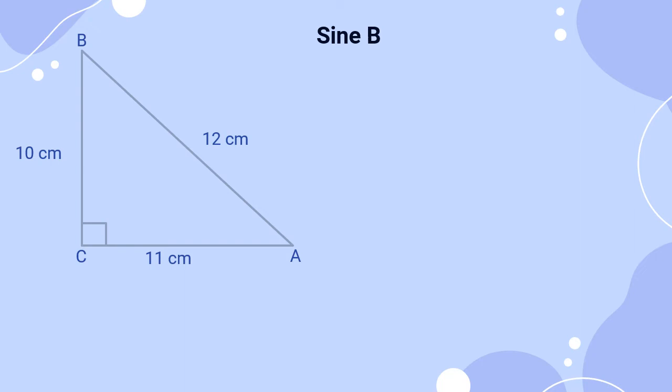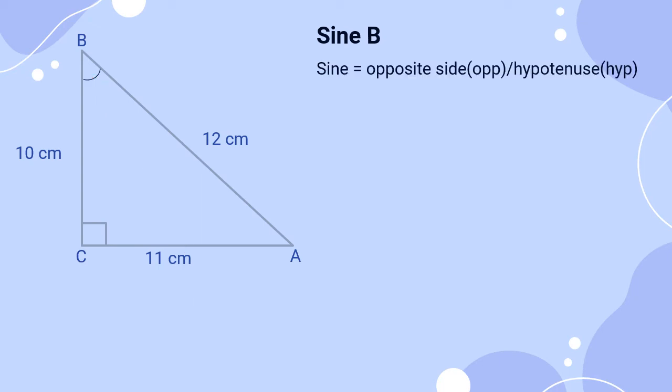Next, we're going to find the sine B. So, the angle will be located here, and the opposite side of B is 11, not 10, okay? Then the hypotenuse is 12. It's always 12.